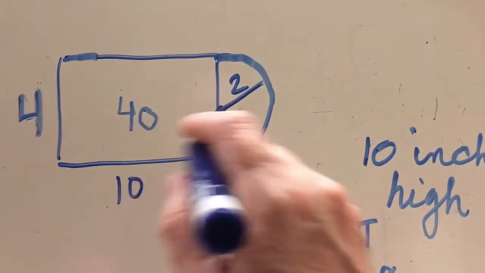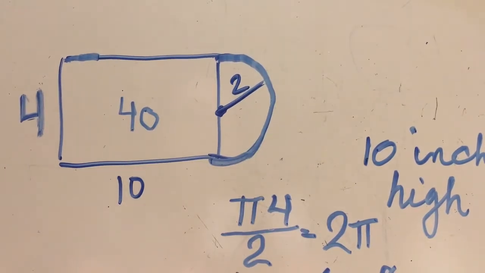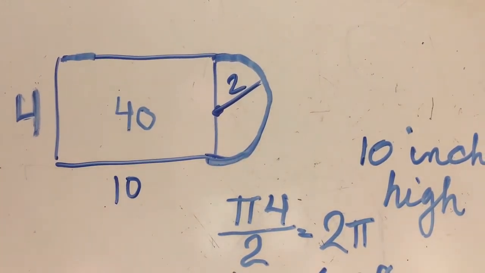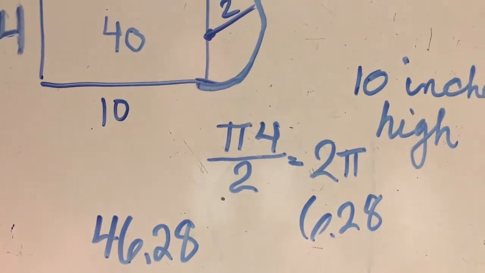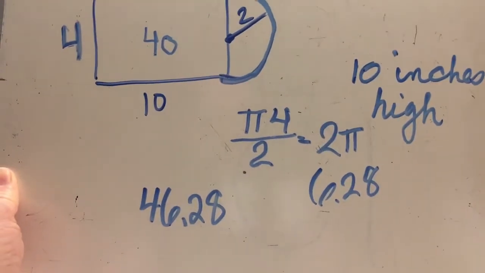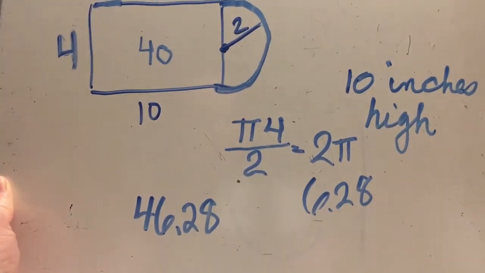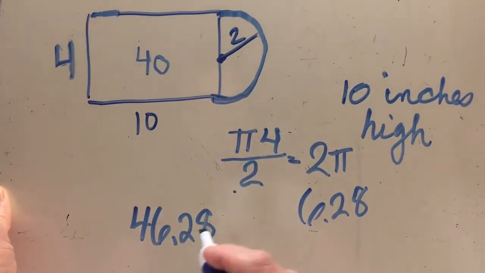46.28. And then we're going to multiply the 46.28 times the 10, that is the height. And remember, when we multiply by 10, we simply move the decimal 1 place to the right.